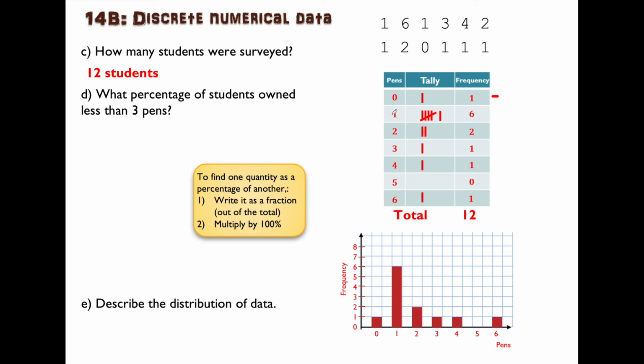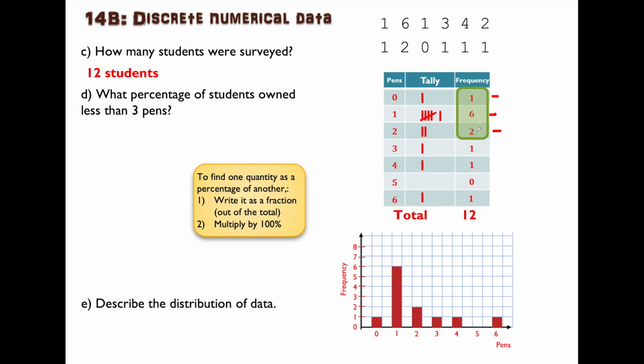6 people owned 1 pen. Yeah, they own fewer than 3 pens. 2 people own 2 pens. That's fewer than 3 pens. This one person owns exactly 3 pens. Do they have fewer than 3 pens? No! They have exactly 3 pens. So it is these 3 numbers here.